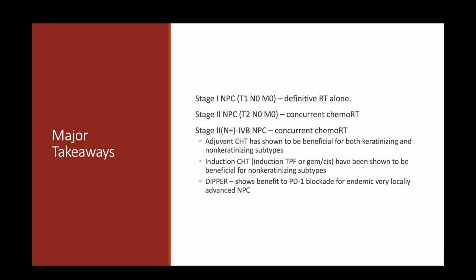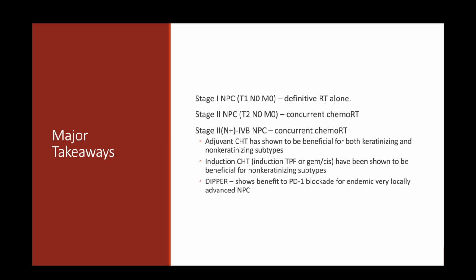And then for more locally advanced tumors and with node positive cancers especially, so think stage 3 to 4 and anything that's node positive, we really do see a benefit with concurrent chemoradiation and either adjuvant or induction chemotherapy. So adjuvant chemotherapy has really been shown to be beneficial for both keratinizing and non-keratinizing subtypes, but the induction chemo regimens, including TPF and gemcitabine cisplatin, really have shown the most benefit in endemic populations.